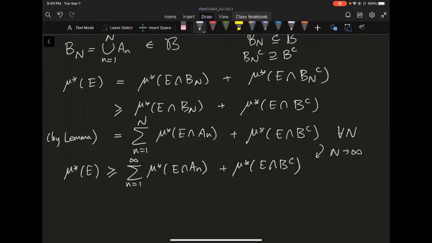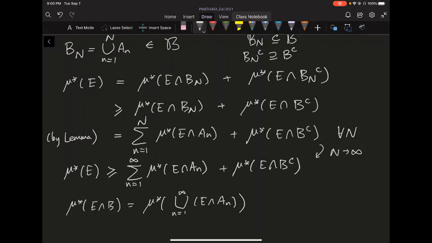All right, so now again, the A_n are disjoint. So if you consider the μ* of B intersect E, let's write E first. So E intersect B, well, this is really the μ* of the union, n going from 1 to infinity, of E intersect each one of these A_n.